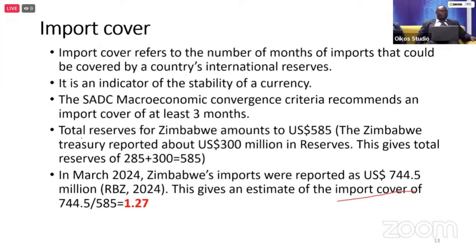That's 585 million US dollars in terms of reserves as at what? 5 April. So in March 2024, Zimbabwe's import cover was reported at 744.5 million. I just want to give a rough estimate of our import cover, isn't it? So this gives an estimate of the import cover of 744.5 over 585, 1.27, which means our total reserves currently can last us 1.27 months.